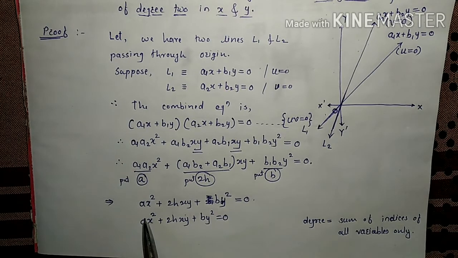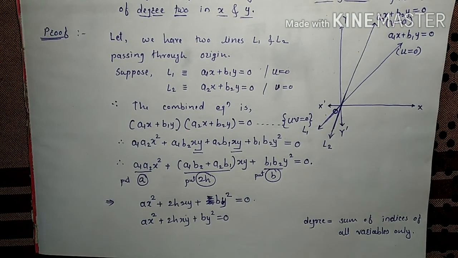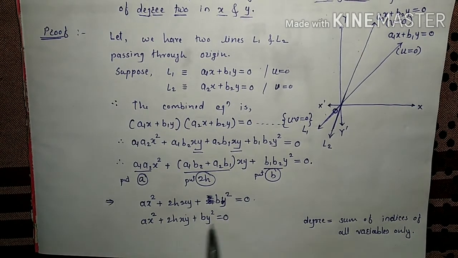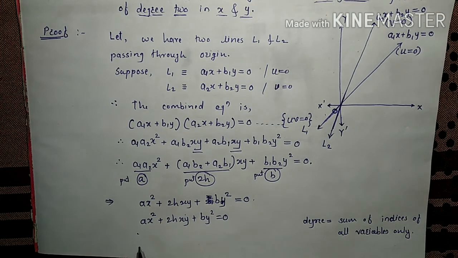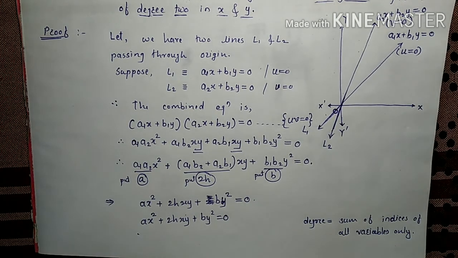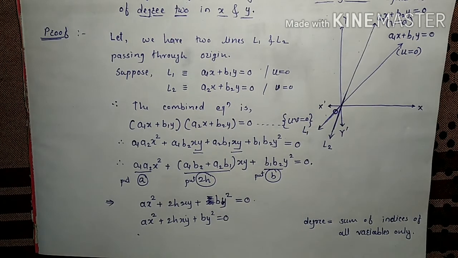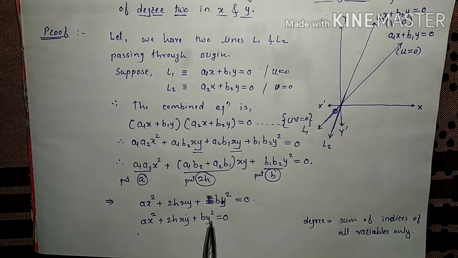So there is no need to count the indices of coefficients or constants. We say the equation is homogeneous when the degree of each term of the equation is the same. Here also the degree of each term is the same and it is 2. So this equation is a homogeneous equation of degree 2.